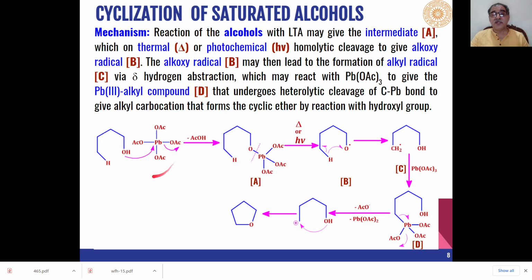Now, as far as the mechanism of these reactions where gamma hydrogens are present is concerned, in the first step the saturated alcohol will react with lead tetraacetate, H from here and acetate ion from here. One molecule of acetic acid will be removed, and this lead triacetate will get joined to this oxygen.